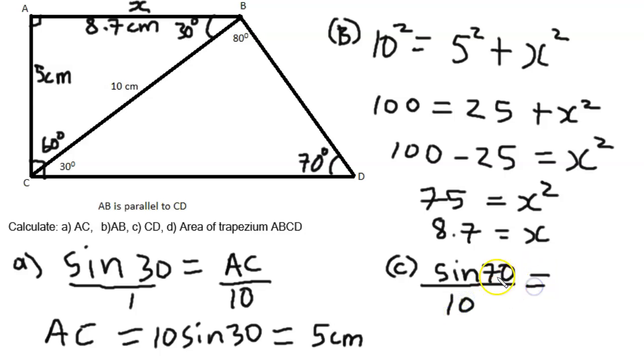is equal to sine 80 over the side opposite to the angle 80, and that side is the one we want to find, which is CD.